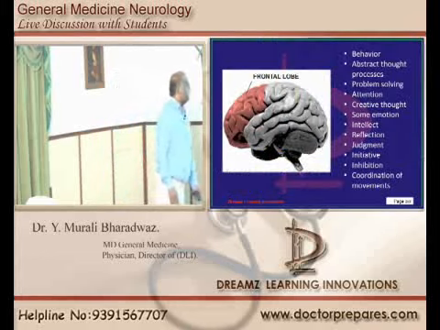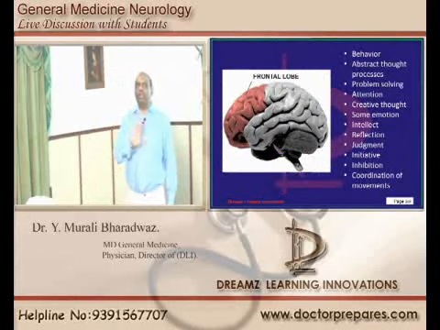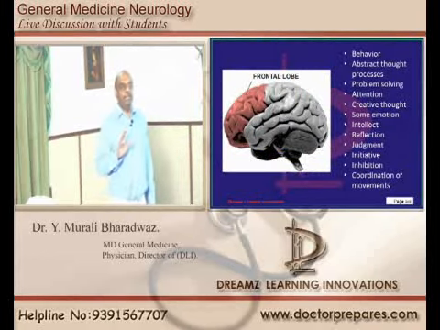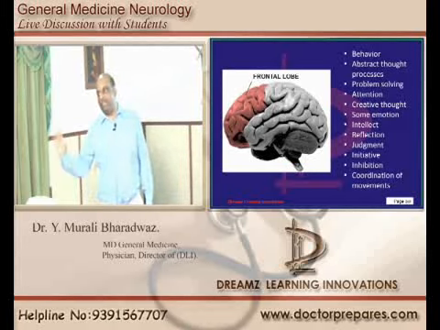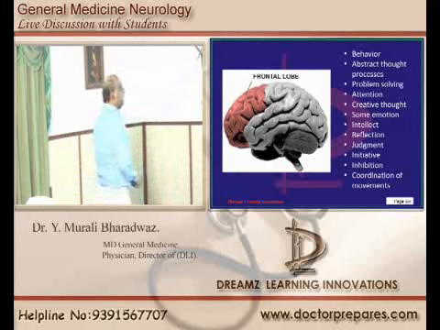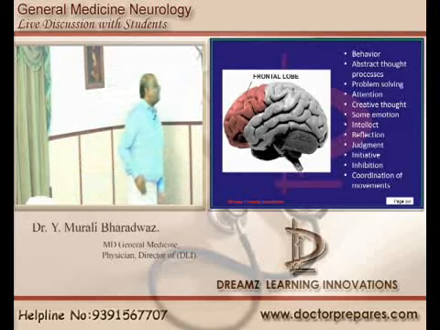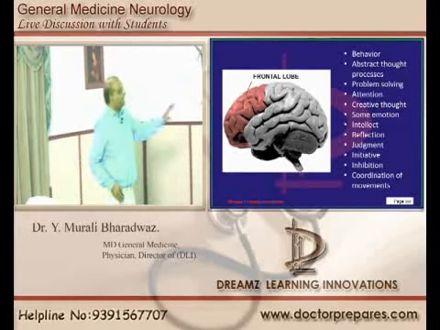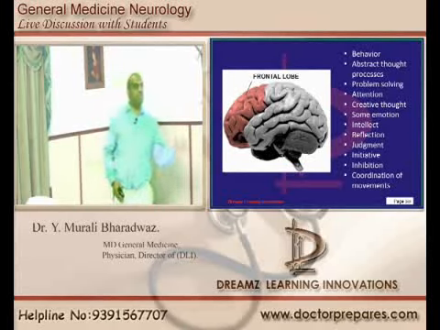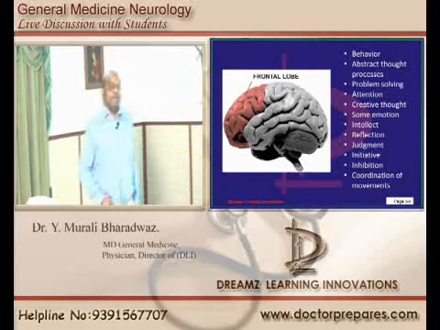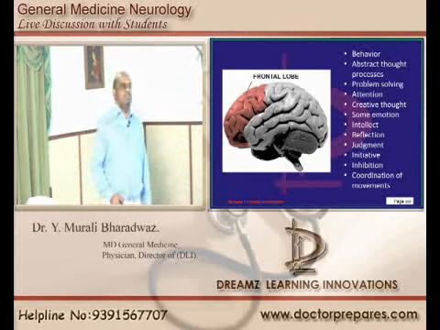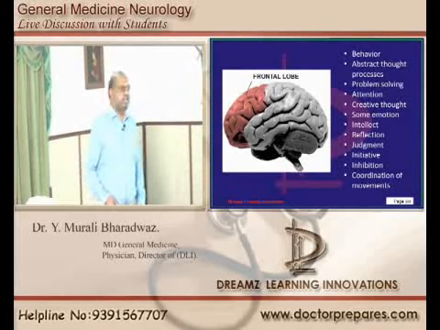Now, what are the functions of each lobe? In the final year MBBS paper, one question is definitely there; in medicine, lobar function you must know. Behavior, abstract thinking, problem solving, intellect, reflection, judgment, initiative, inhibition, everything is frontal lobe. Hence if the frontal lobe has a problem, people will show disinhibition, leaving their clothes and running in the street.